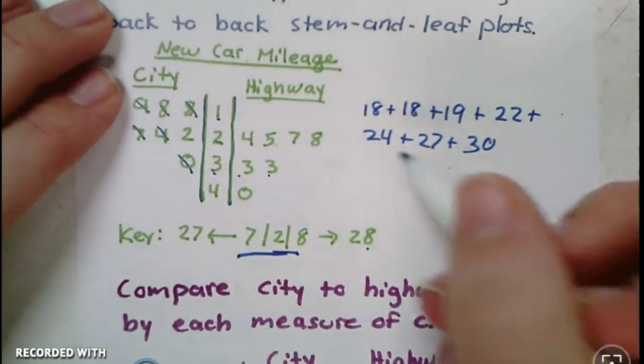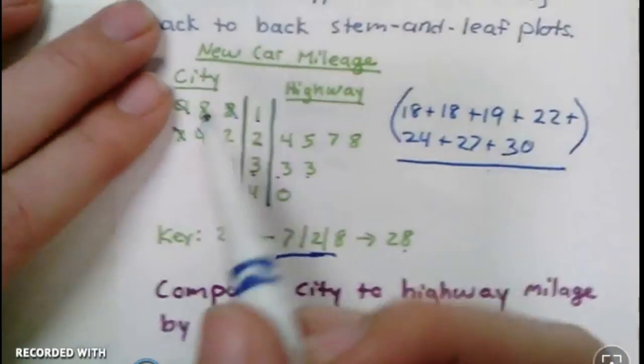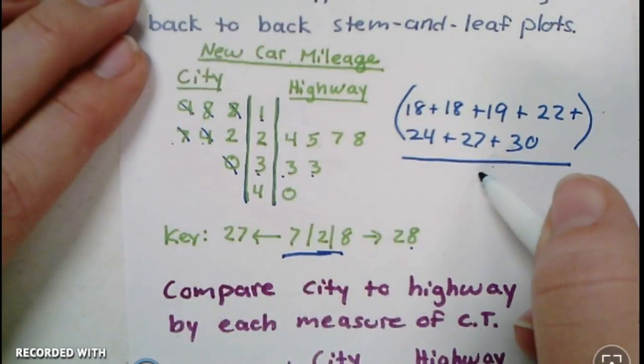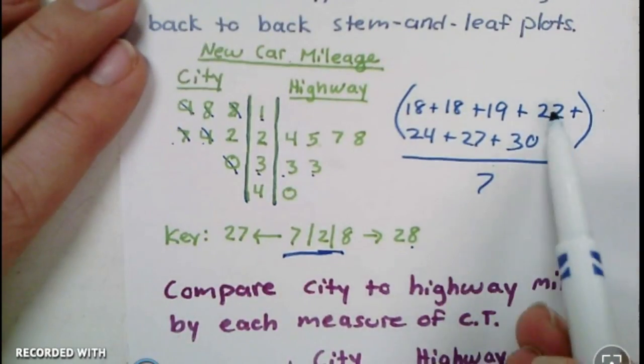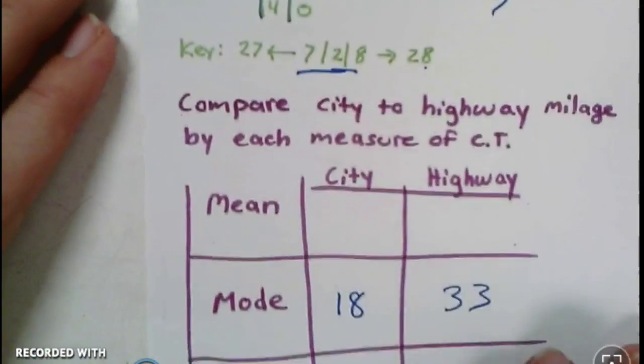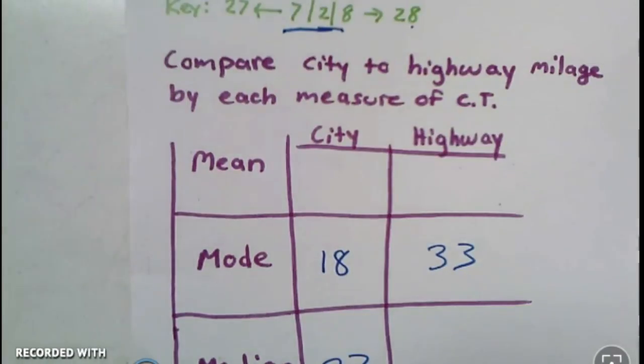And then once I've added up all those numbers, I'm going to divide them by 1, 2, 3, 4, 5, 6, 7, because that's how many numbers there were. And that will be my mean for city. So you can finish that one, and then figure out what the mean is for highway. Bring it with you. I'll check to see if you got it right. Go ahead and get to work.